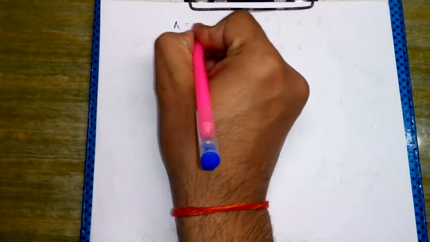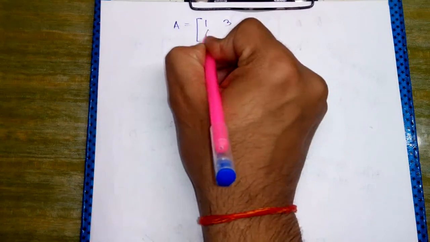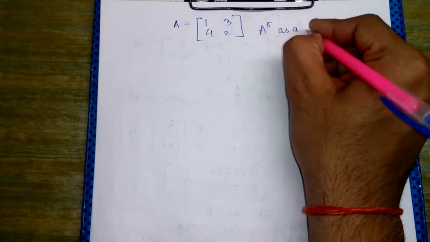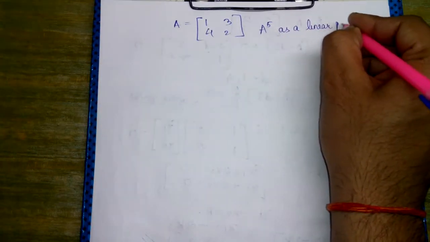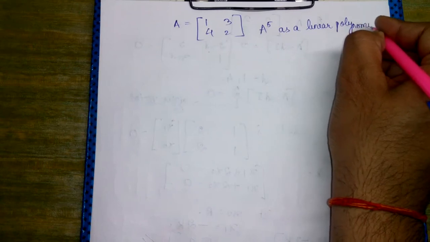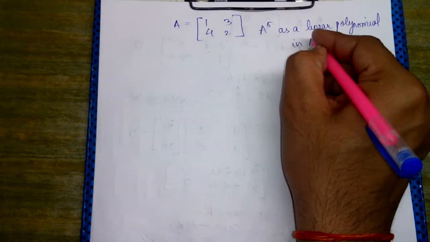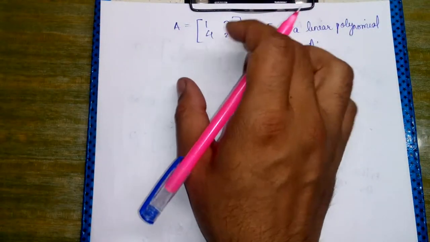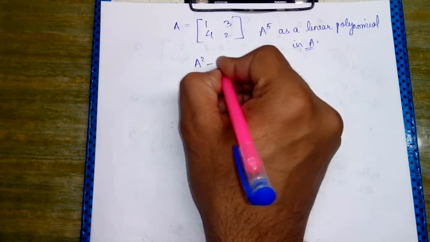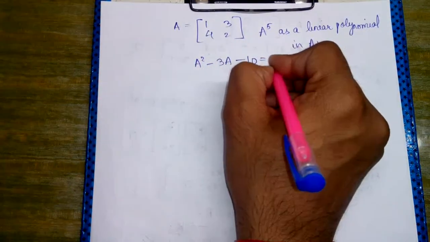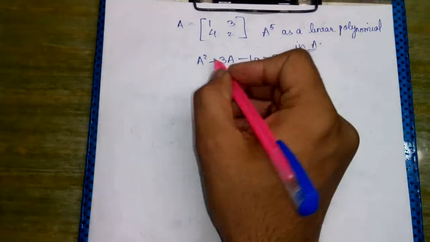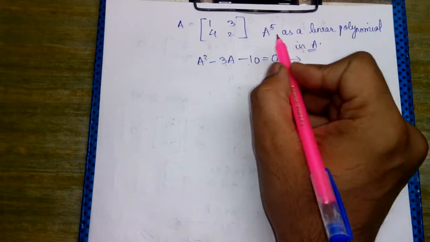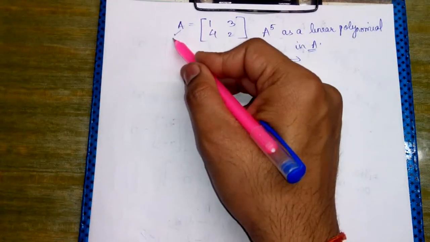For example, we have been given a matrix A 1 3 4 2, and we have to find A to the power 5 as a linear polynomial in A. So what we will do is first form the characteristic equation, which we have already formed, that is A square minus 3A minus 10 equals 0. This is the characteristic equation of this matrix, which is being satisfied by the square matrix A.